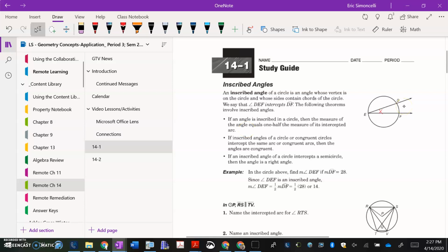Well, the intercepted arc in the picture that they portray here is simply arc DF. I'm going to label this arc 2x because, as it hopefully makes sense, if x is an angle, let's even say it's 30 degrees, then the inscribed angle is 1/2 the measure of the intercepted arc, which would be 30 times 2, or 60 degrees.